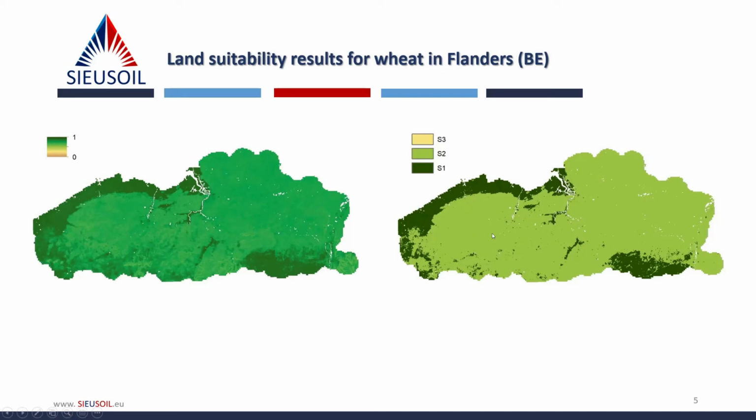And on the right, after the classification of the FAO classes, we produced a map of land suitability classes. As we see in this map, there are 3 suitability classes, S1, S2, and S3. And specifically for Flanders and wheat, we had no unsuitable areas.